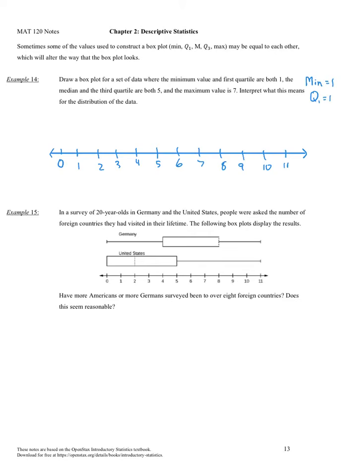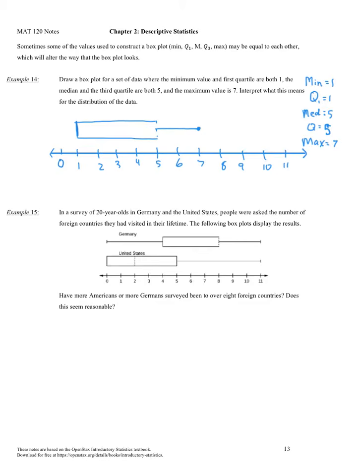Our median, or Q2, and the third quartile are both 5, and the maximum value is 7. Our box and whisker plot will look a little bit different here. It will look something like this.